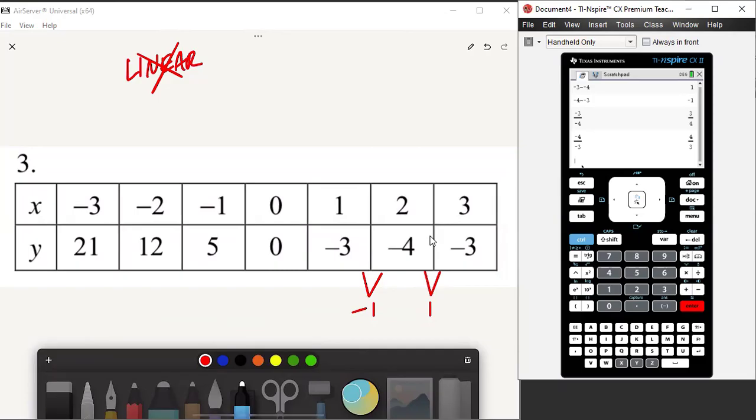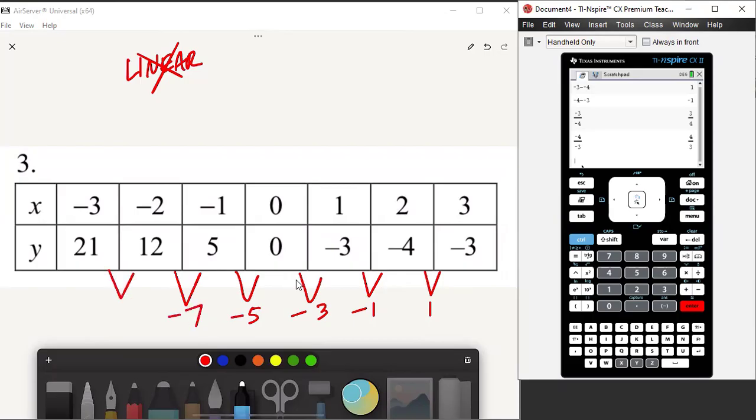So now I'm going to keep going in this table because I want to show you that for quadratics, you have to subtract twice. So let me show you what I mean. A negative 3 minus 0 is a negative 3. 0 minus 5 is a negative 5. 5 minus 12 is a negative 7.